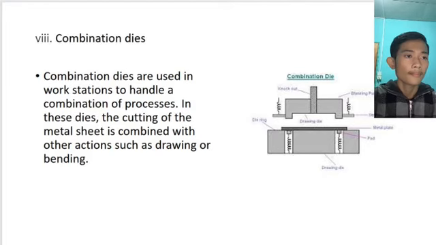Combination die. Combination dies are used in workstations to handle a combination of processes. In this die, the cutting of the metal sheet is combined with other actions such as drawing or bending.